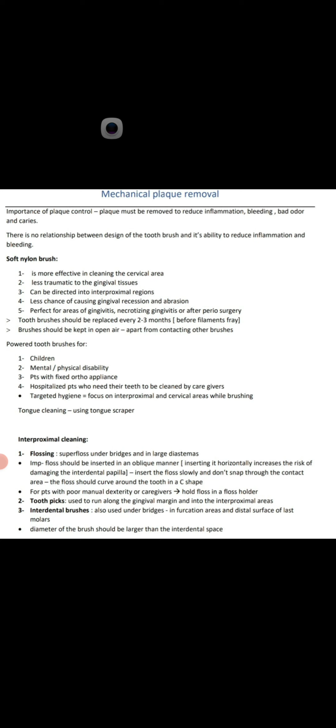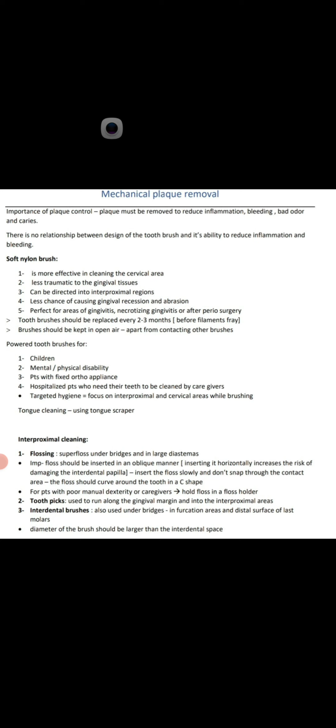A toothbrush should be replaced every 2 to 3 months before filaments fray. Brush should be kept in open air, apart from contacting other brushes. This is about soft nylon brush.